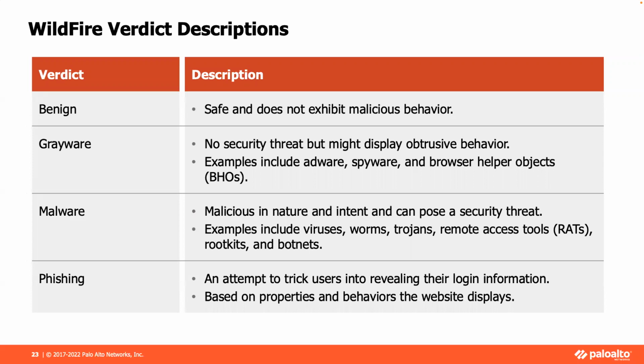Grayware means that it's not a security threat, but things like adware and spyware and browser helper objects and things like that are identified. We don't block those with our antivirus profiles. Want to block that stuff? Spyware profiles. That's where you block it.